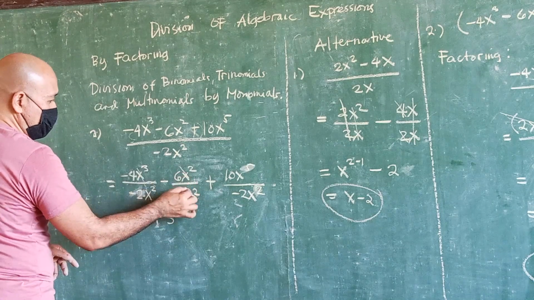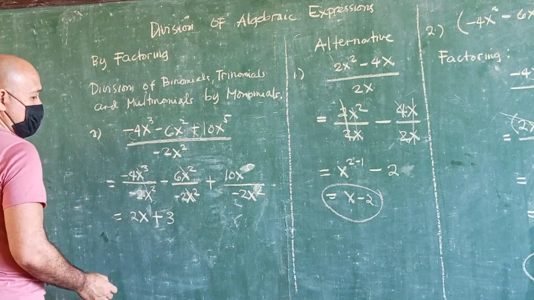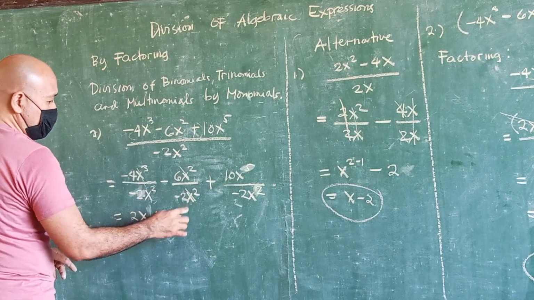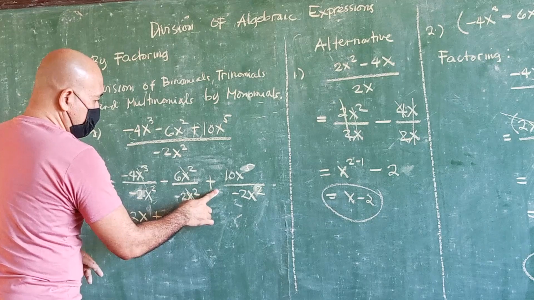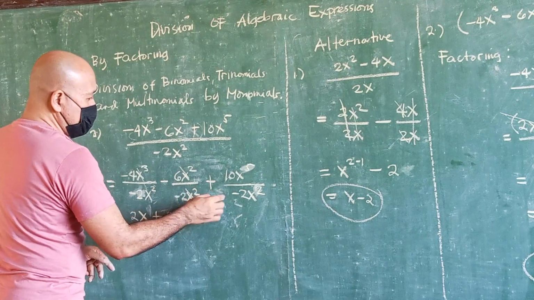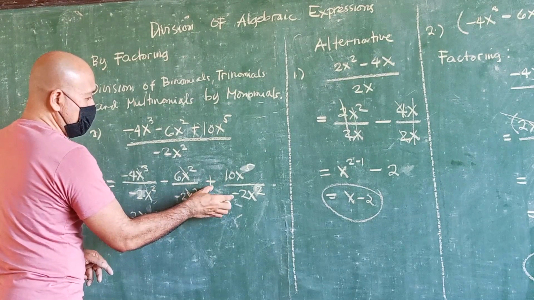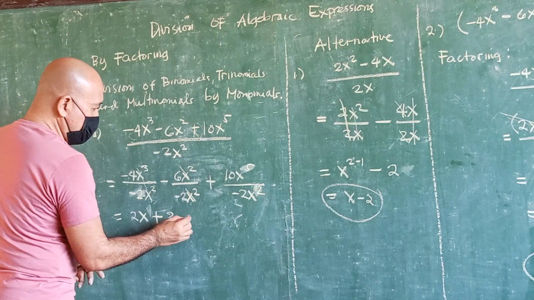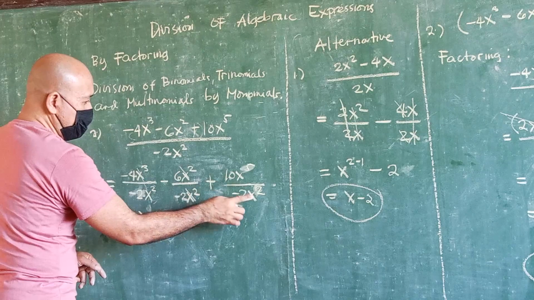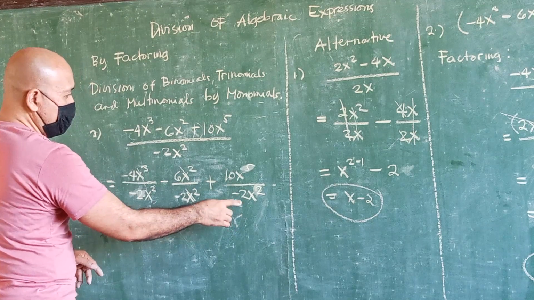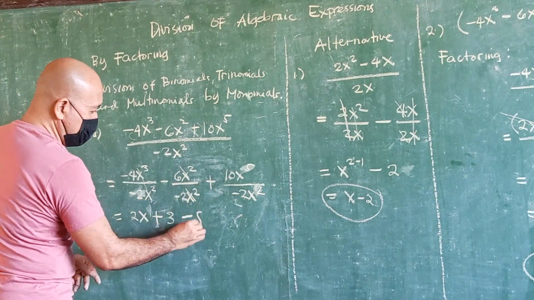And then cancel when you divide the same variables and exponent. That becomes 1. Then 1 times 3, that is 3. And then again for the operation, it is just like opposite signs here. So that becomes minus, and then use that one as minus. And that becomes 10 divided by 2, that is 5.